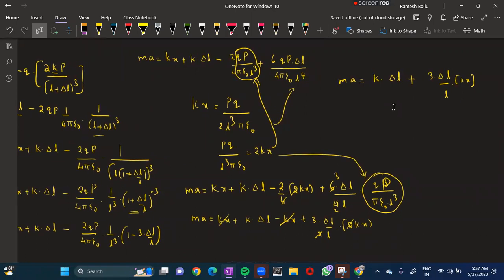So if you simplify something, you can take it outside. Delta L, I can take it outside. K into delta L, I can take it outside. So 1 plus 3 into x by L.